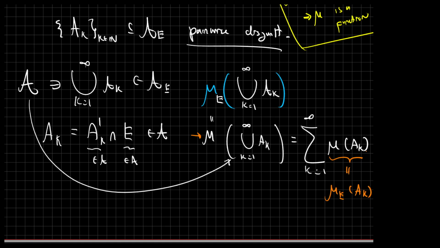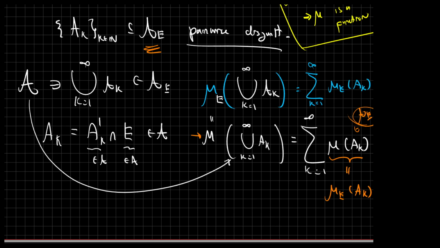Why? Because this A sub k is an element of this subset of the domain of mu. This is here. So we can conclude that this is equal to this.